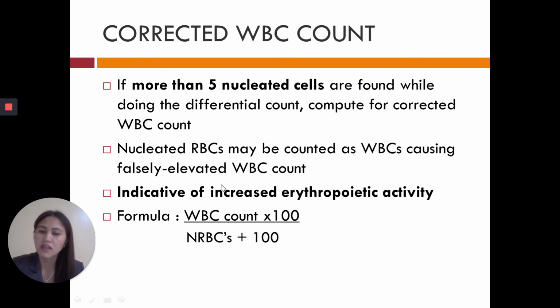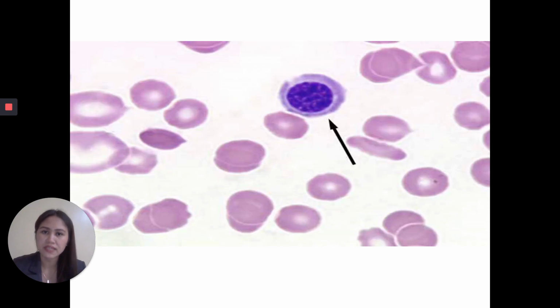The usual mistake that we make is we multiply, then we divide, and then we add. That's wrong. The correct way is to multiply first, then add, and lastly divide. That's the correct way of computing the corrected WBC count.